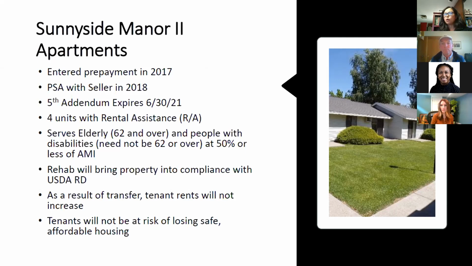Our goal is that the planned scope of work will bring this property into compliance with RD's requirements and increase its rating from a C to an A. We're also planning to bring the property to code and meet accessibility requirements.